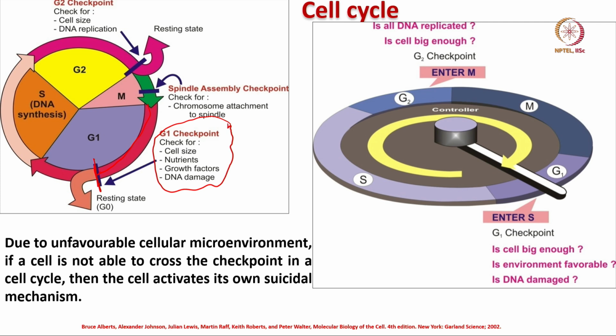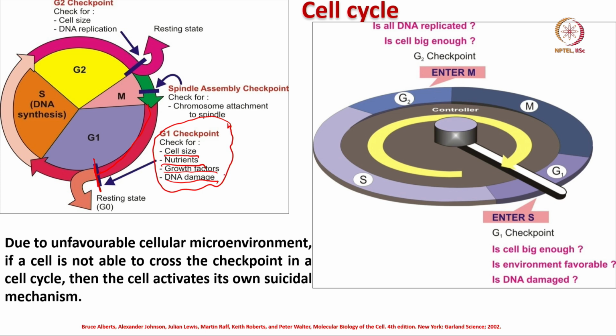Checkpoint means when a cell goes from one phase to another phase, certain aspects are checked on the cell status, and these aspects are whether the cell size is maintained, whether there is a constant supply of nutrients, that means the cellular microenvironment, growth factors, and DNA is not damaged.